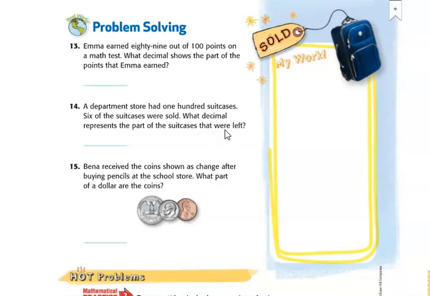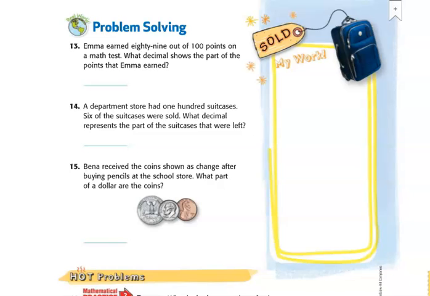So they sold 1, 2, 3, 4, 5, 6. But it's not asking that. The problem asks for the part of the suitcases that are left. So I'm going to need to figure out not this part, but what's left.